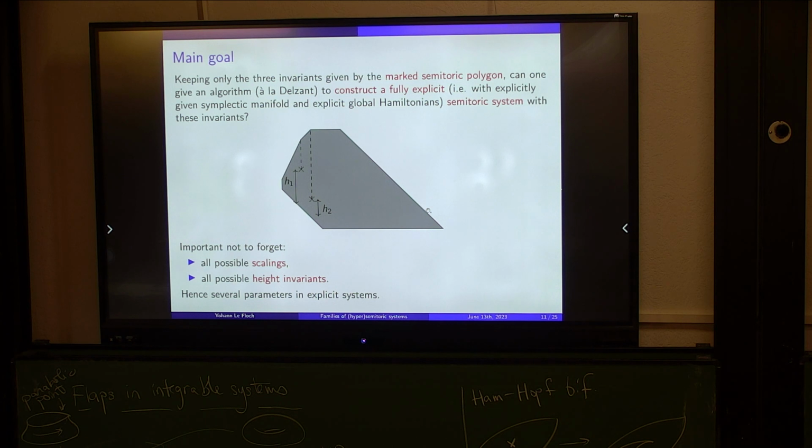This will induce that I will have some parameters that I need to take into account in my explicit systems. And also, in the marked semitoric polygons, there's the data of the height inside. Where are these marked points vertically? I want to be able to take this one, but also take the same polygon, but this marked point, instead of being at this height, it's at this height. So I want also to keep track of this. And to do so, we will have to have many parameters. And this will lead to ugly formulas, but whatever.